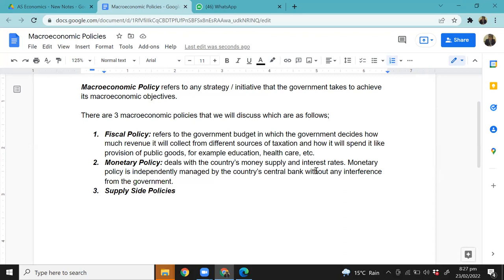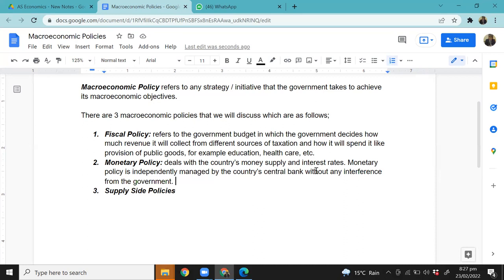I repeat myself. Even the prime minister of Pakistan cannot dictate the central bank of our country what type of monetary policy to have, because it's completely autonomous. Autonomous meaning independent. Central bank will have its own monetary policy.